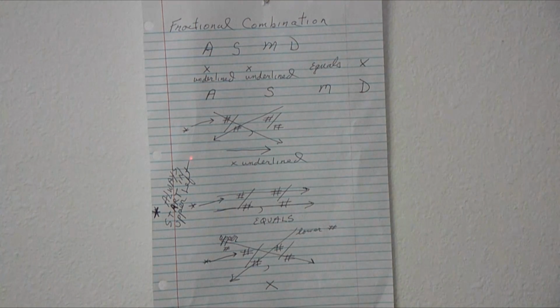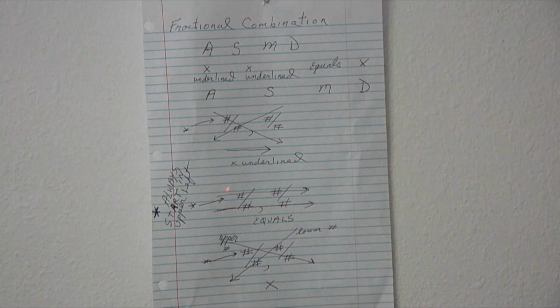Underline means you're multiplying the 2 denominators together. That's your underline. So for add and subtract, you're doing an X underline for both.